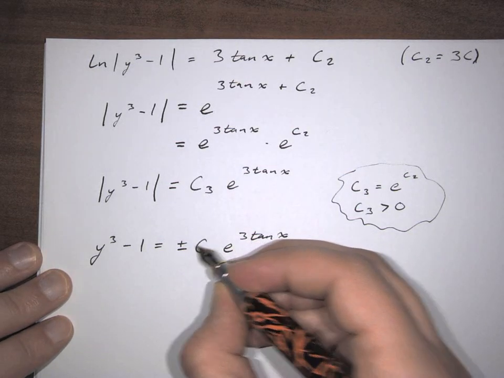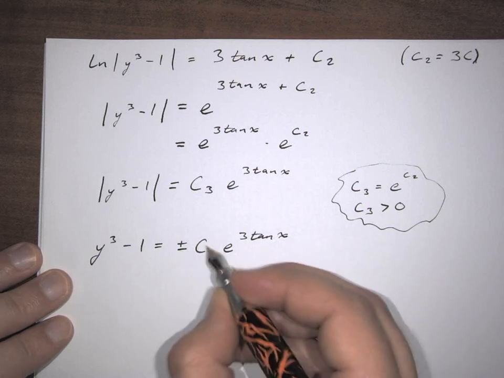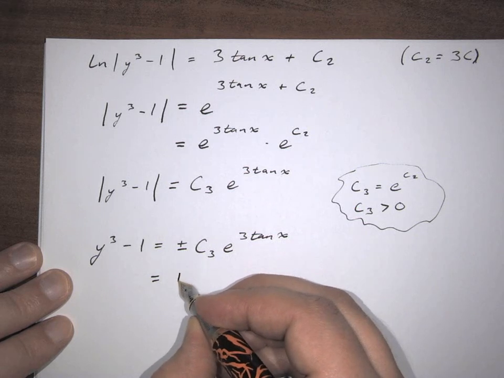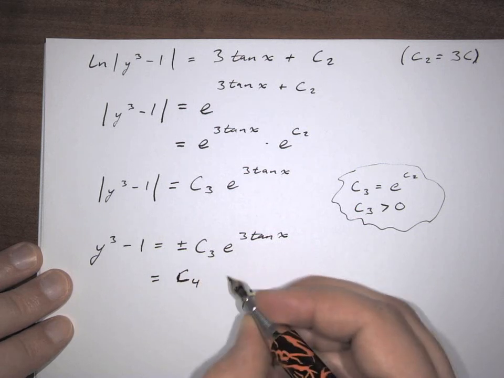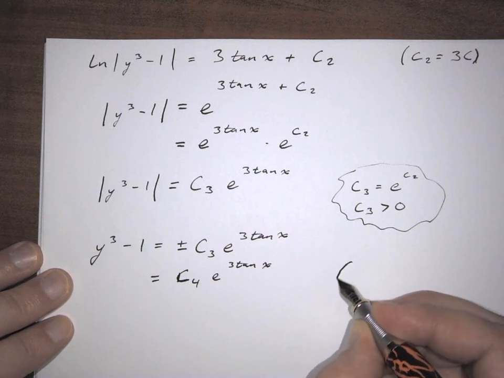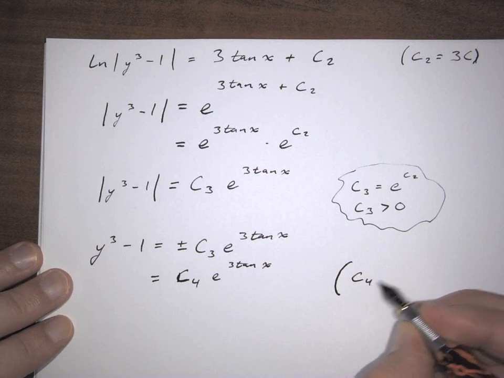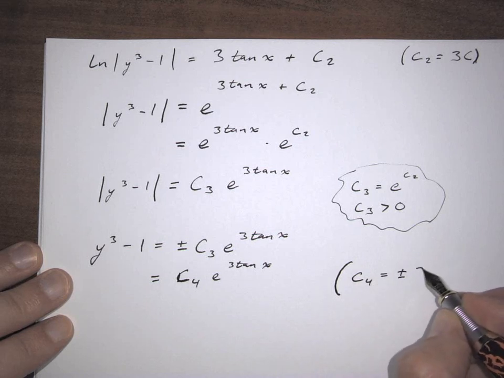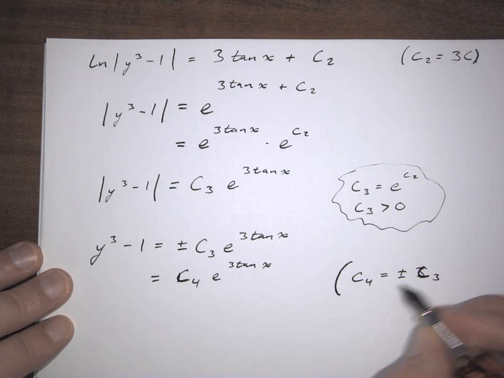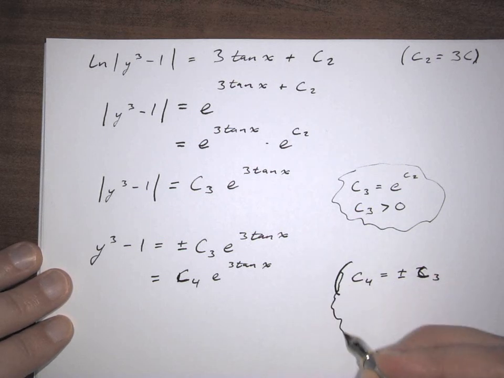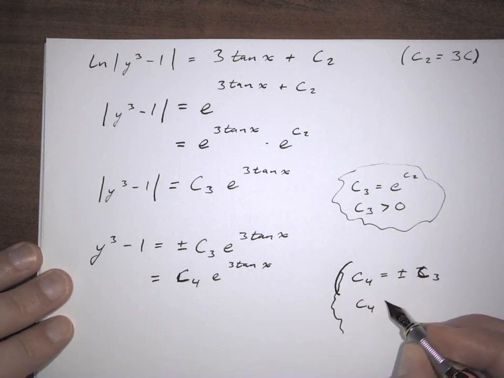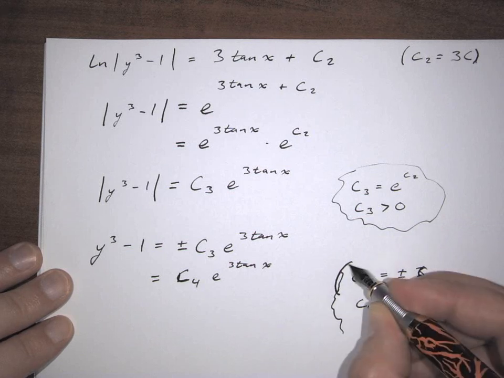And now what that means is actually I can make this arbitrary constant equal to c4, which comes from us just saying c4 is equal to plus or minus c3. And what that then would indicate is that c4 is no longer positive, it might be negative, but what it isn't equal to is 0.